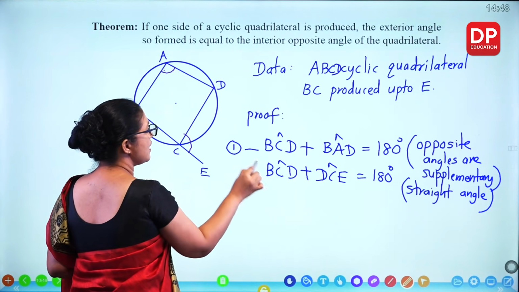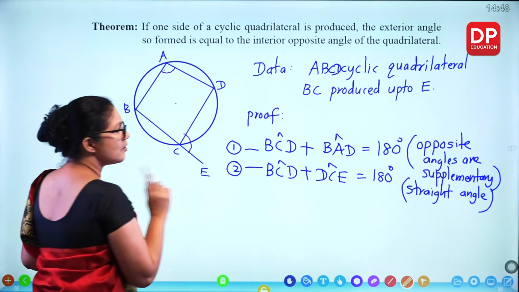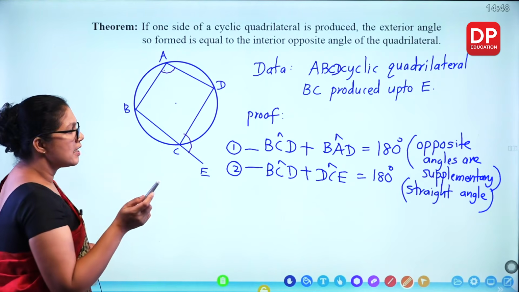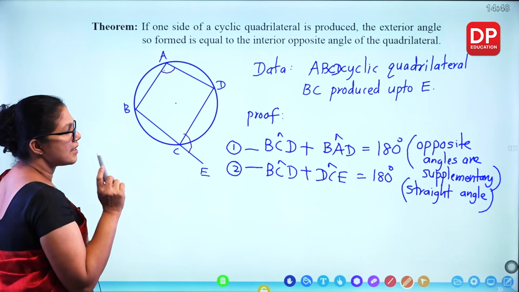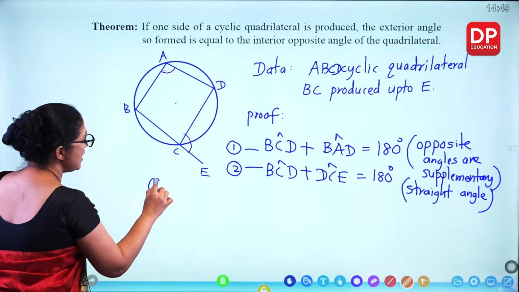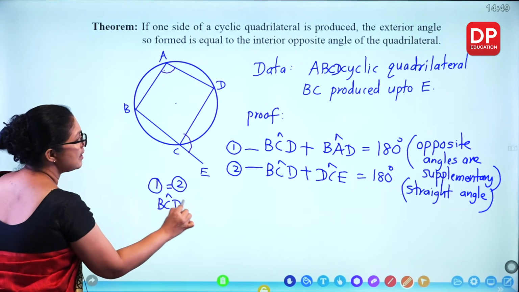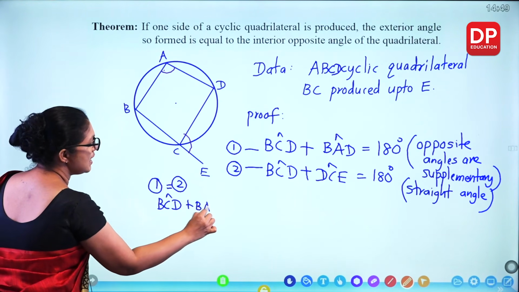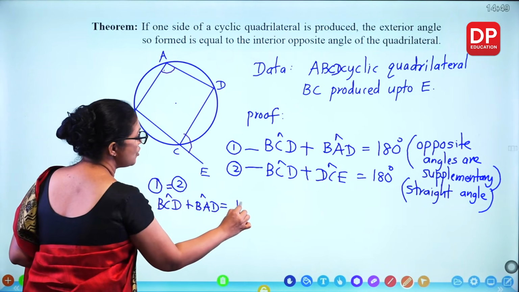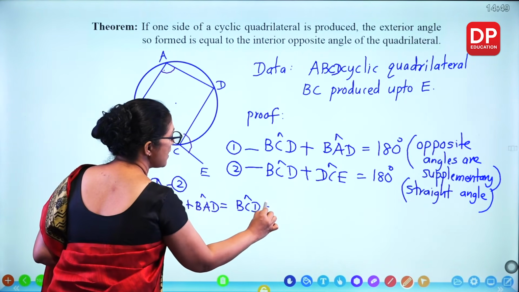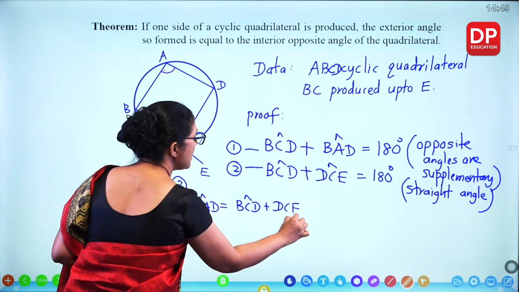Now we'll take this one and this one. You can equate because on both right hand sides you get 180. So 1 equals 2: angle BCD plus angle BAD is equal to BCD plus DCE.